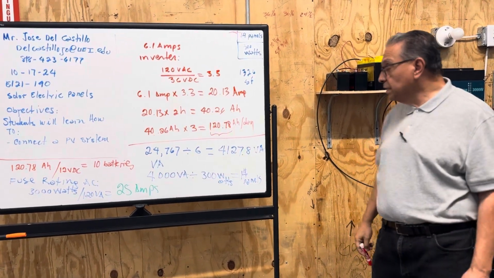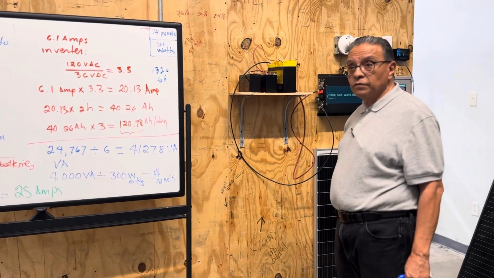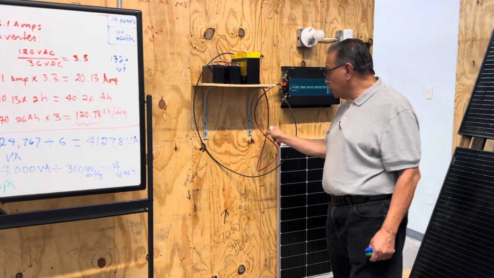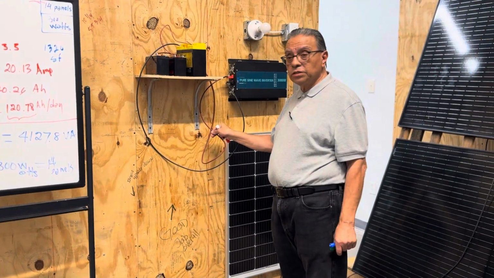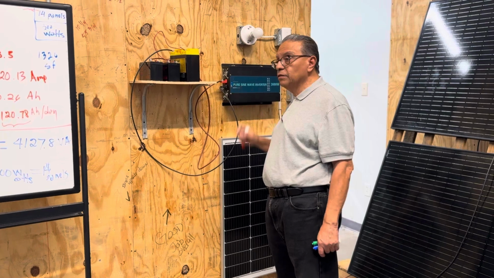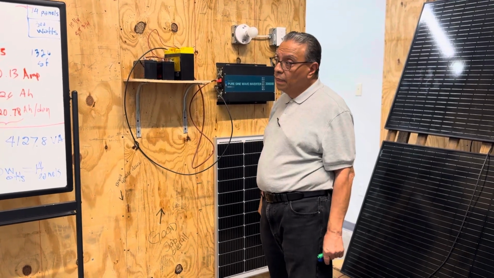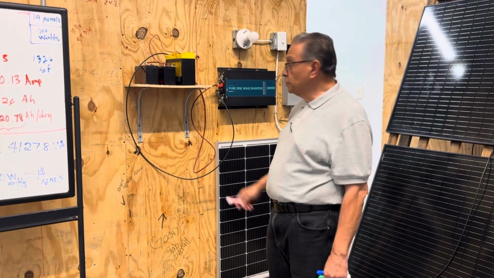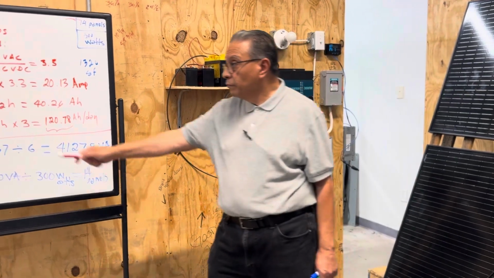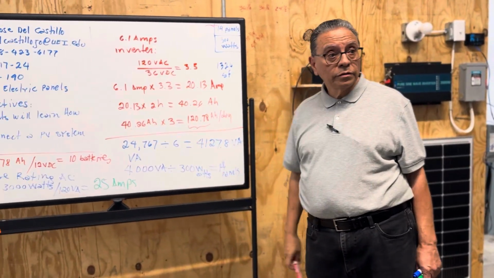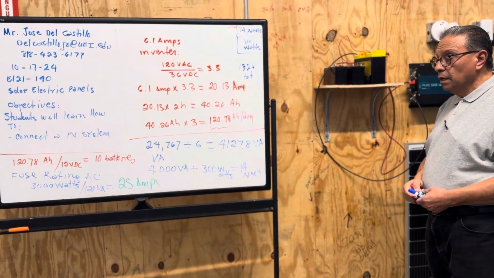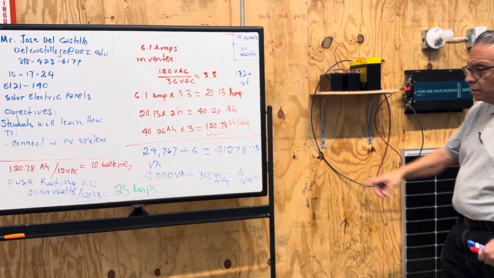So I will install DC fuses on the red one, the positive. The negative goes directly to the inverter. So a 10 ampere fuse at the input, because they are producing 20 amperes.